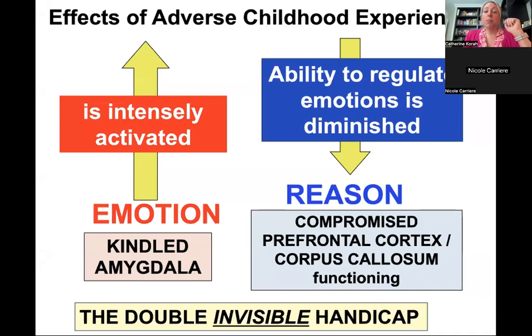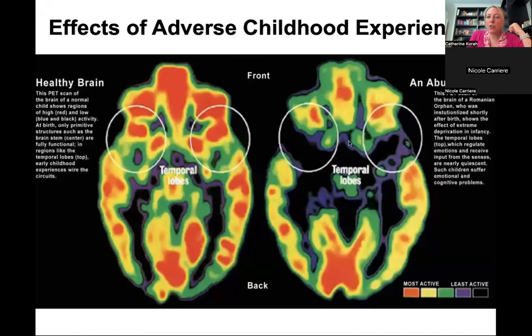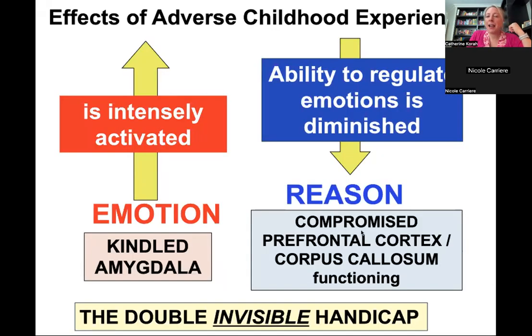So the double invisible handicap for individuals with complex trauma is that not only is the amygdala easily reactive to a situation at hand, even if it's not a dangerous situation, they also have a prefrontal cortex and corpus callosum that is compromised. You see the lack of activation here. Because that area is compromised, they don't have the ability to regulate those emotions.